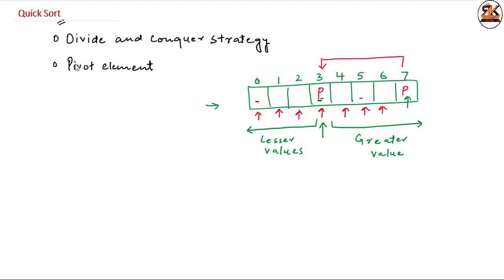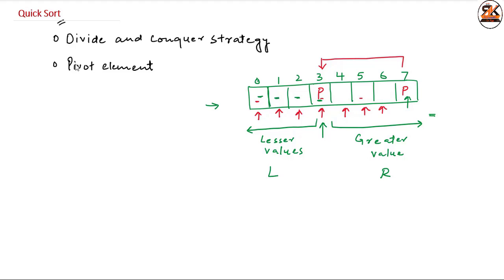After that, we have a left sublist and a right sublist, which means that the elements to the left of this pivot element create the left sublist, and the elements to the right of this pivot element create the right sublist. As I said, this procedure is recursive in nature, so you can start with the left sublist, which has these three elements, from index 0 to 2.